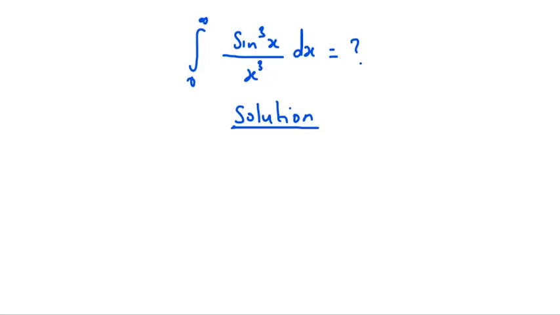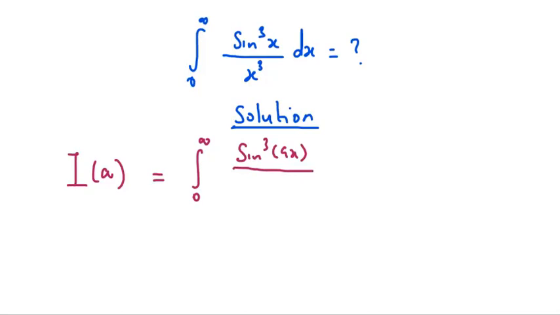Now, let's begin like this. We're going to define the following function with parameter a. That is, I of a will be equal to the integral from 0 to infinity of the sine of a x cubed, divided by x cubed dx, right?